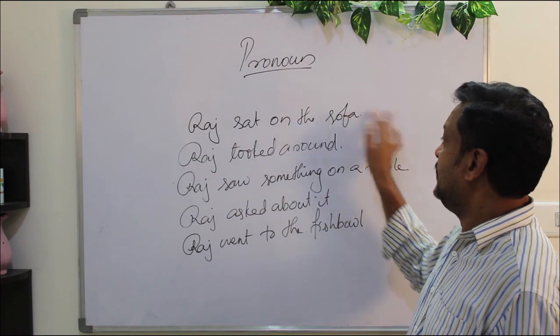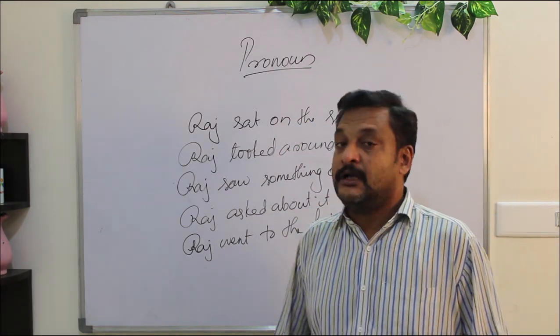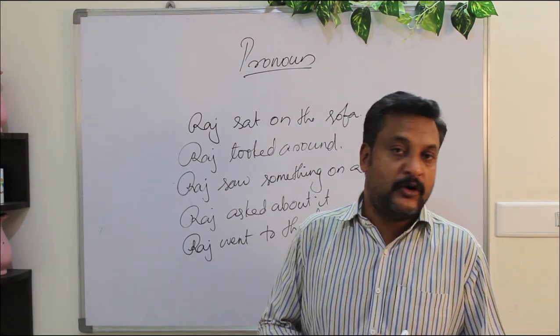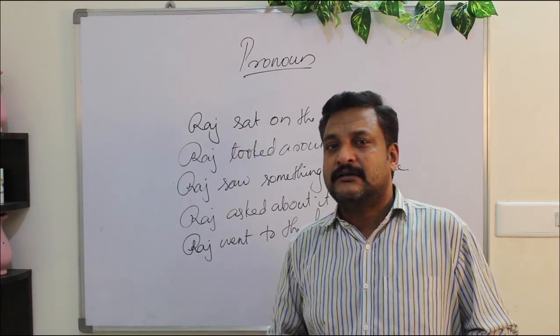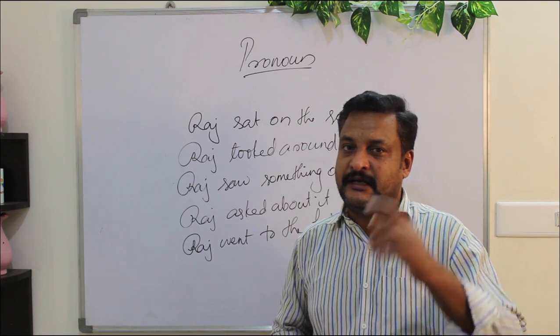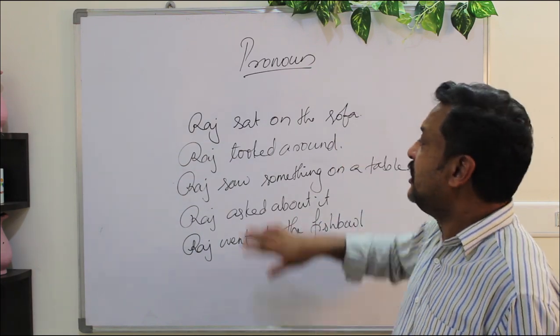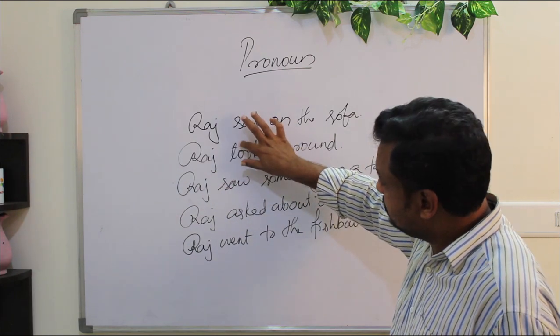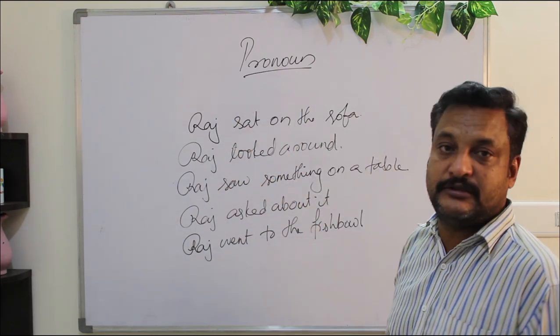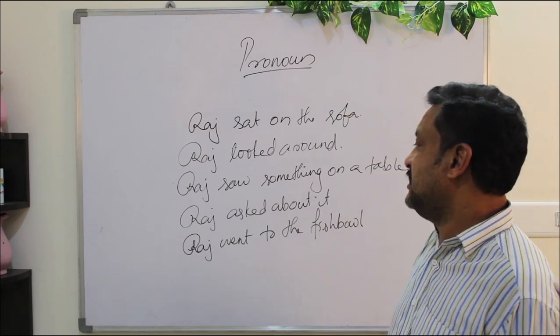First is Raj sat on the sofa. Raj rang the bell. Sohan came and opened the door. All the friends came inside, and there was a sofa kept there which had a dull color, isn't it? So Raj sat on the sofa. Raj looked around. Raj saw something on a table.